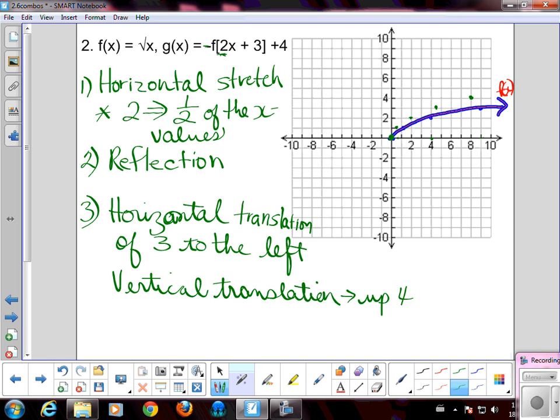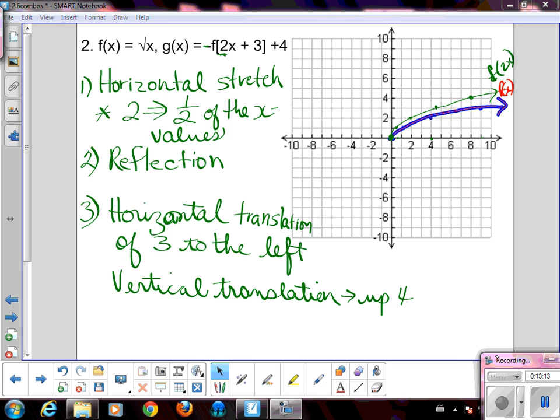Okay, so what we've ended up with here is we have graphed f of 2x. And so we have completed the horizontal stretch. Now we have to do the horizontal reflection. And so we're going to reflect all those points down. And so I'm going to stop the video and we'll complete this one so we don't run out of time.